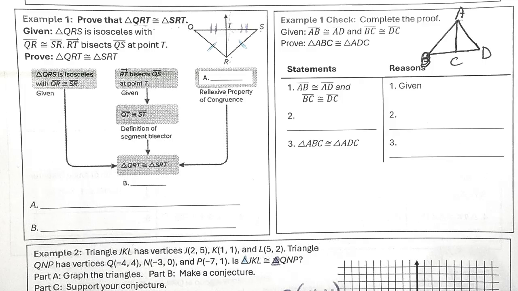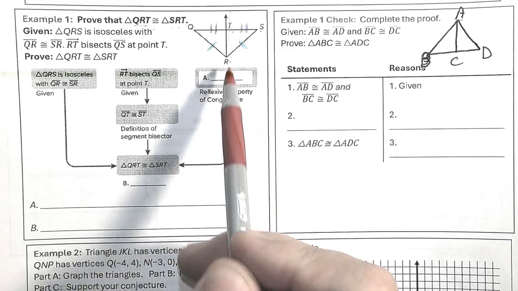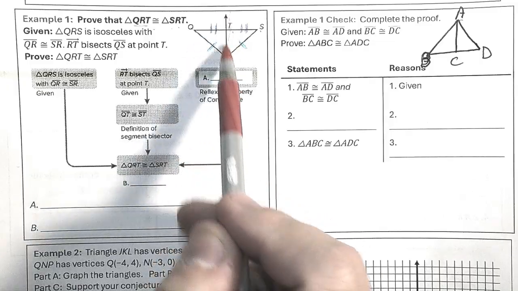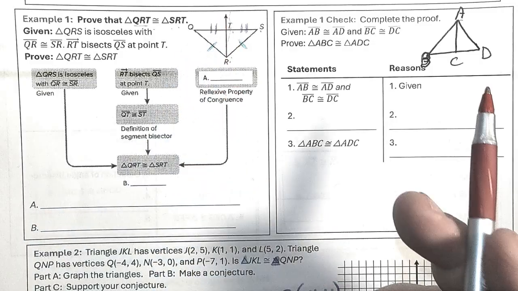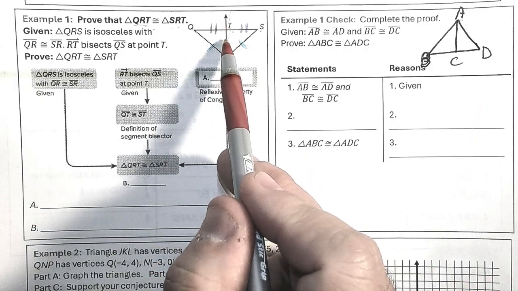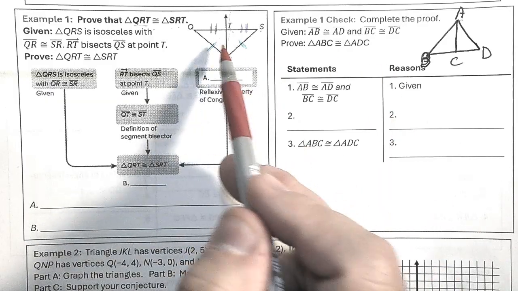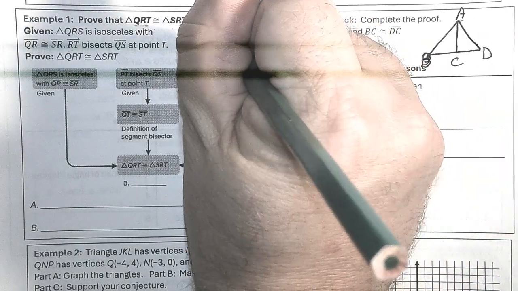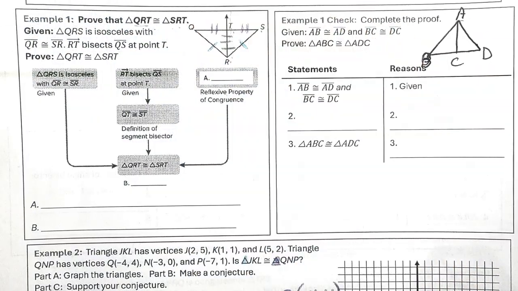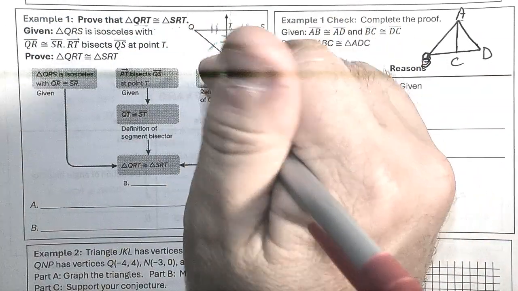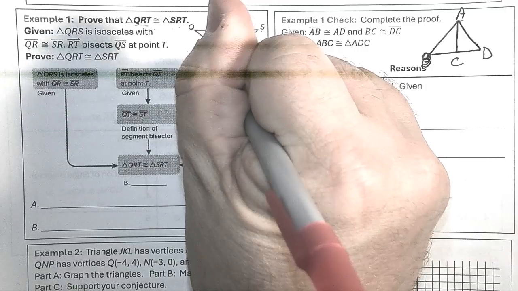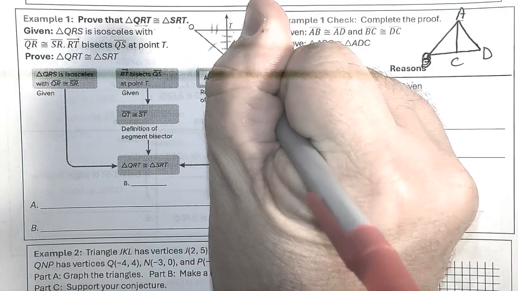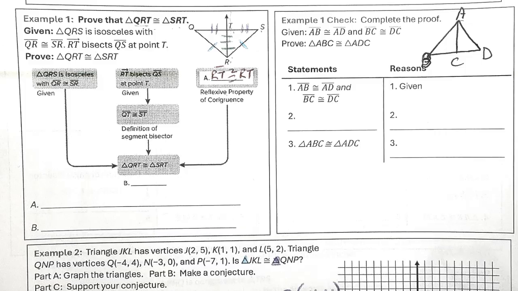But the mirror can't lie. Anyway, enough about the mirror. You see RT, it's congruent to itself. It belongs to both of these triangles, so we need to include it. What you would write is RT is congruent to RT because it's reflexive.